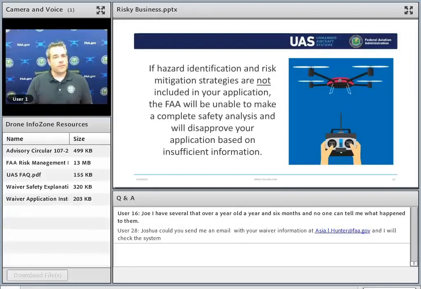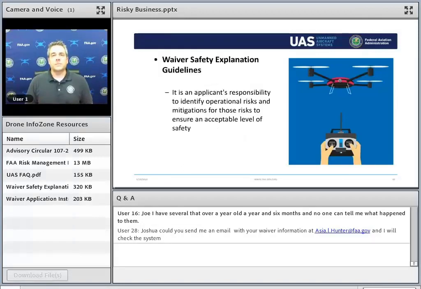So go back to some of the very first slides I talked about. Why is this stuff so important? In a waiver application, in particular, it's absolutely critical that you do risk assessment with hazard identification and risk mitigation strategies. We really need to see this stuff from you. And as I said a few times, it's a very individual process. You have to do what works for you and provide mitigation strategies that work for you in your waiver application.